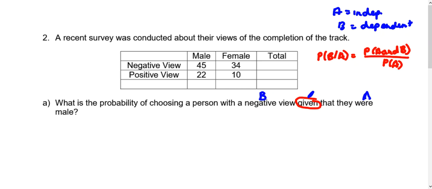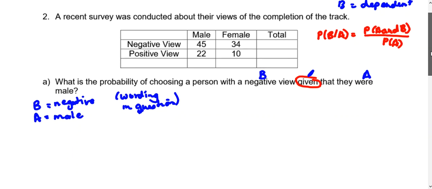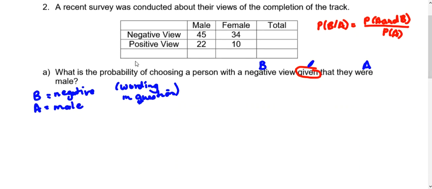When I write this down, my B variable has to be negative view, and A has to be male, based on the wording in the question. So you take the wording from the question, and all this information now comes from the table.